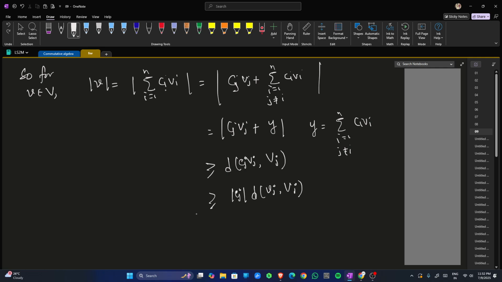Yes, certainly I can write it when cj is not equal to 0, but not every time. If v is not equal to the zero element, then there is some j for which cj is not equal to 0. I can surely do that for that j.